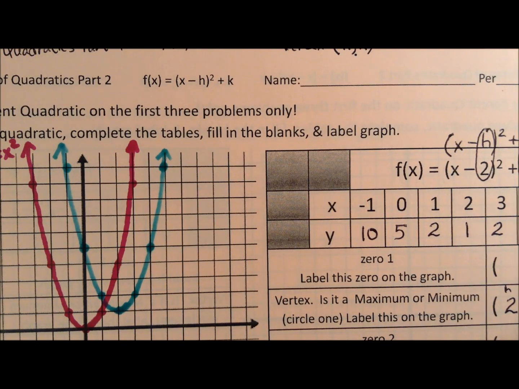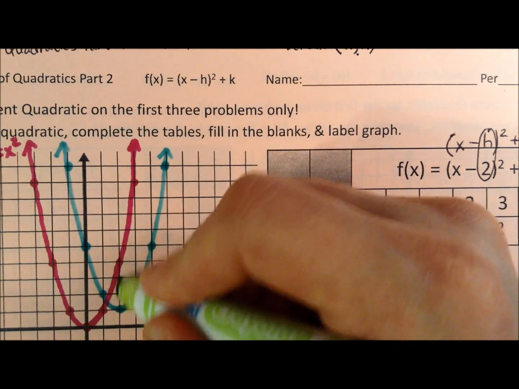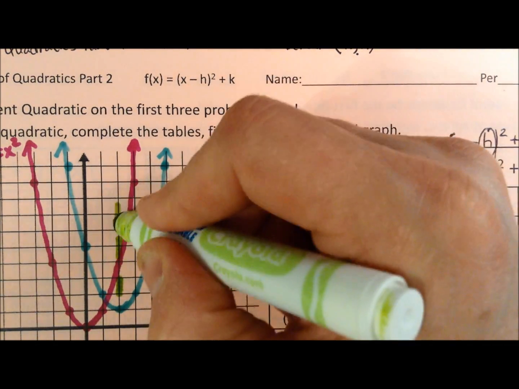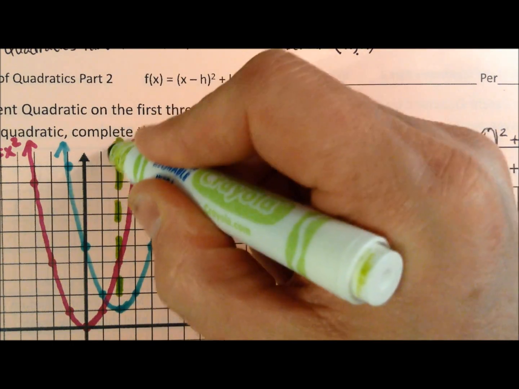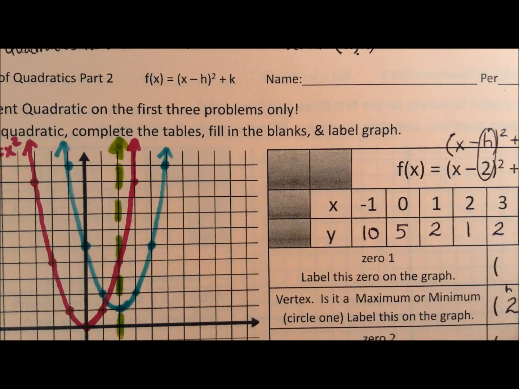But you also notice that I have a shift of my line of symmetry. In the parent it was right here, but now my line of symmetry for the blue guy has shifted to the right.